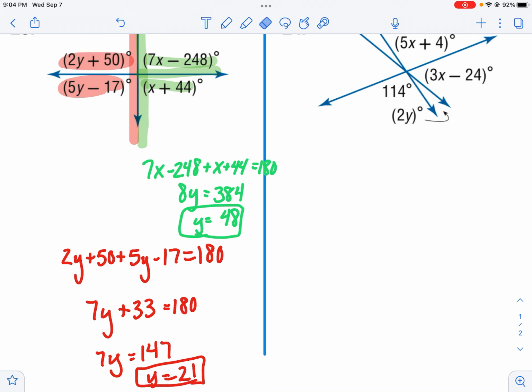And that should be an x and not a y. Really stuck on the y's right now.